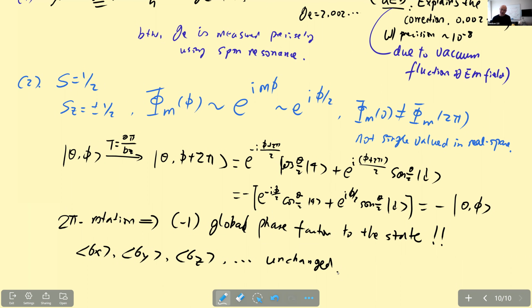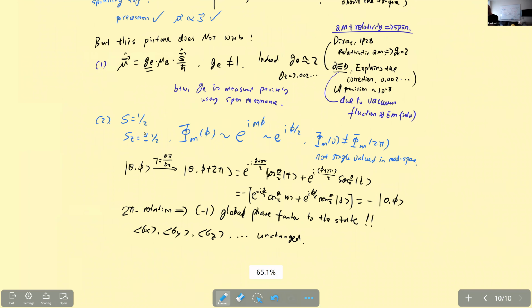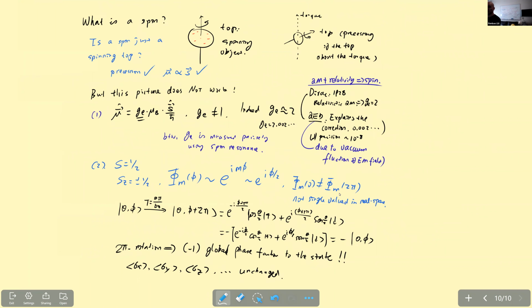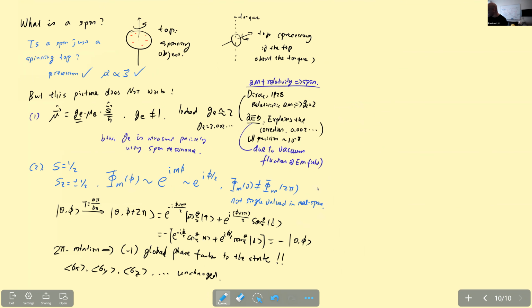So it's very strange. And this minus sign is deeply related to the spin of this half spin, okay?